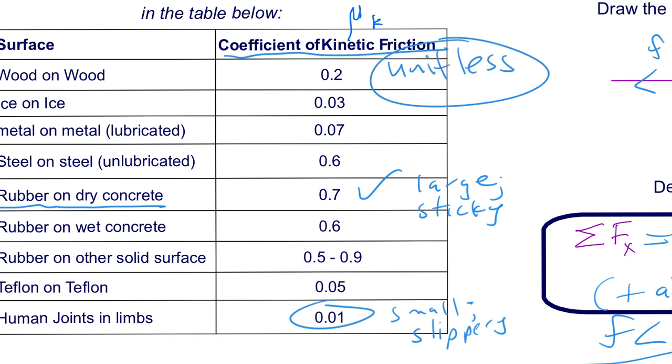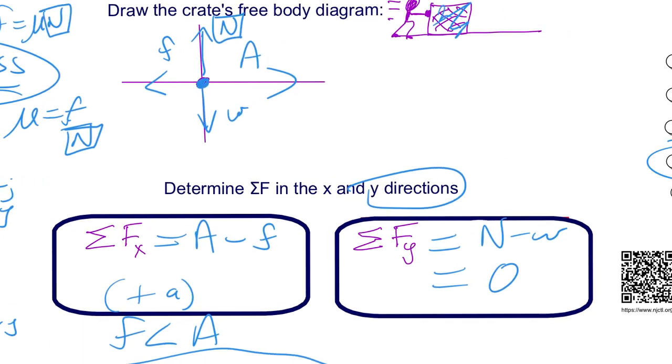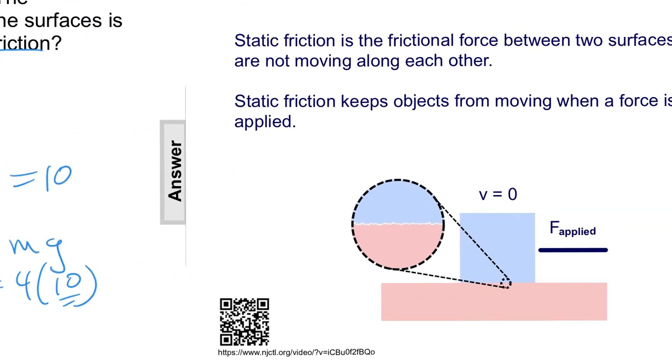There's no unit, because what they're defined as is F over N. They're defined as friction over N. Remember, that's the equation, but coefficient is friction over N, and the units would cancel out. That'd be newtons over newtons. So there's no units for coefficient of friction. But for friction, the units are force units, newtons.